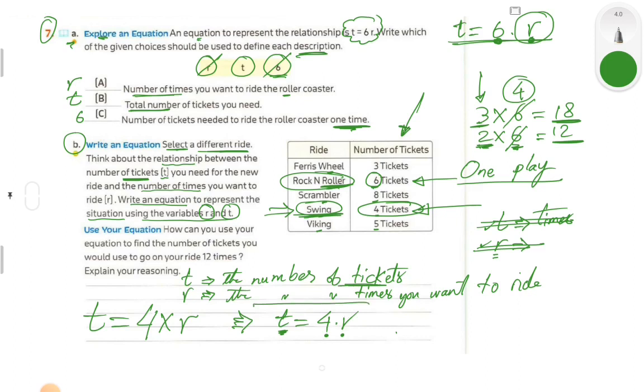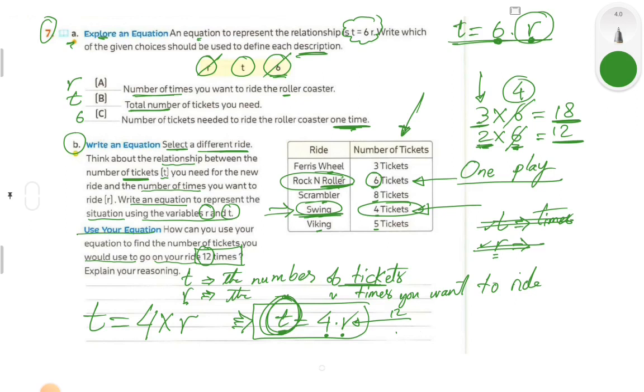This is our equation. Now use your equation. How can you use your equation to find the number of tickets you would use to go on your ride 12 times? Number of times is r. Now I can substitute r by 12 and get the number of tickets you need.